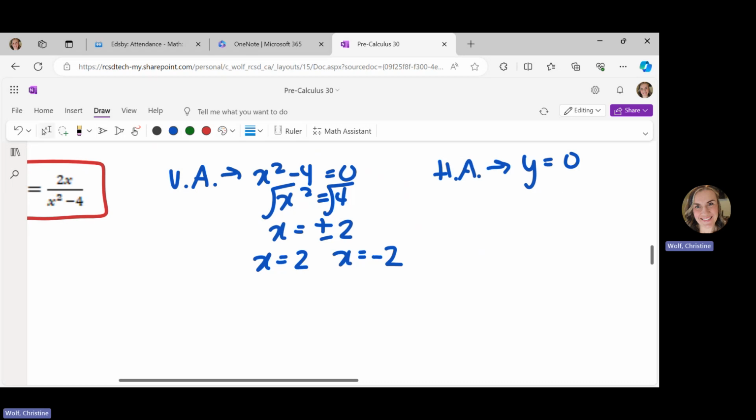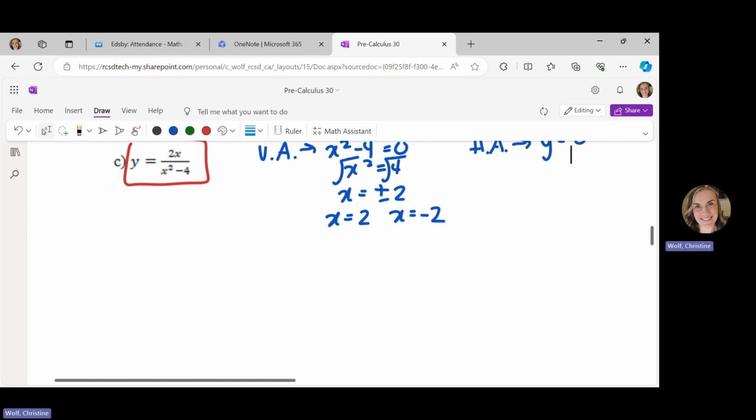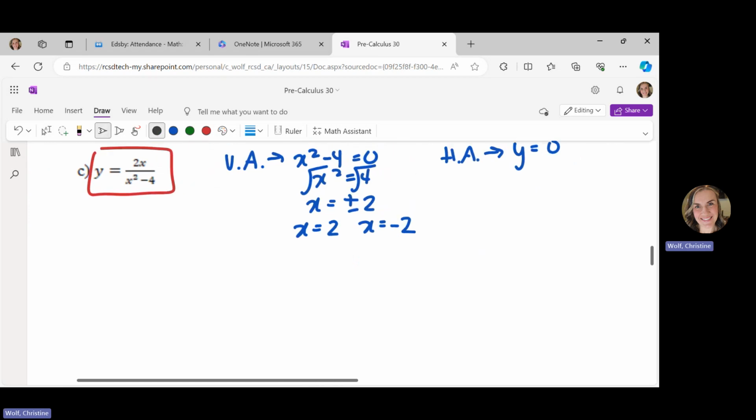The next part of the question said to find your x and y intercepts, so that I will do here. Again, if I make y equal to 0 and I recopy my right-hand side, I know my denominator will disappear. If I multiply both sides by x squared minus 4, it'll cross off on the right and still be 0 on the left.